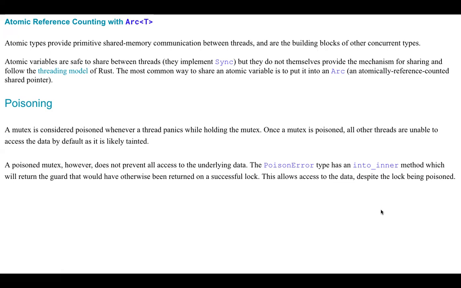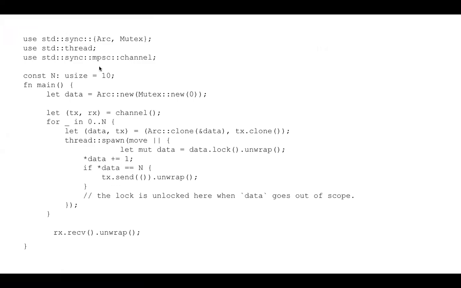The next one is an example of Arc and Mutex. You enclose the mutex into the Arc, assign it to a value, and create a channel. Now here, see one interesting concept, the for loop. It's just an underscore.